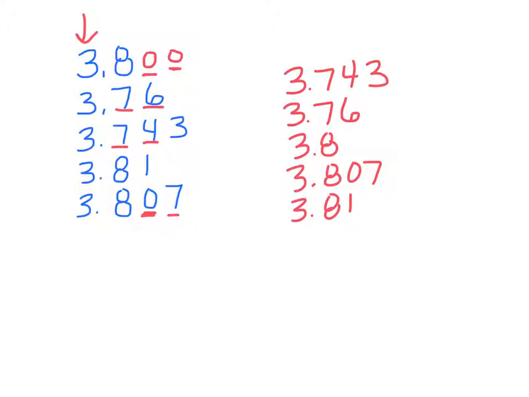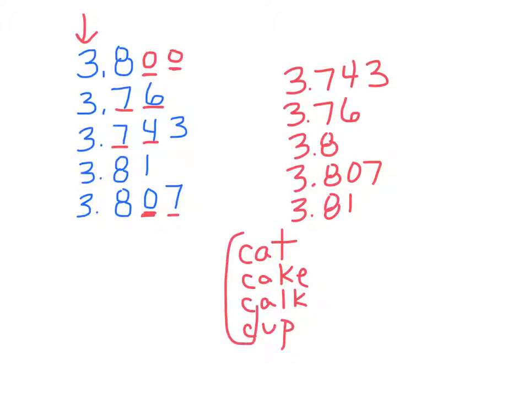Putting decimal numbers in order from least to greatest is really similar to just doing something in alphabetical order. For instance, if you were given the words cat, cake, caulk, and cup, to put them in alphabetical order, they all start with a C. So now I need to take a look at the second one.